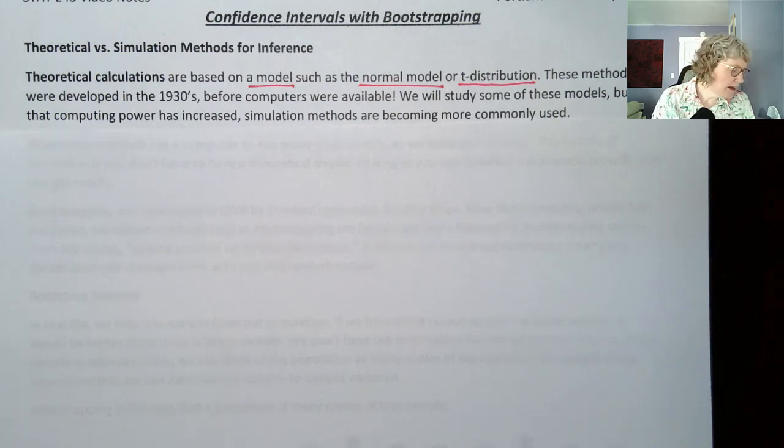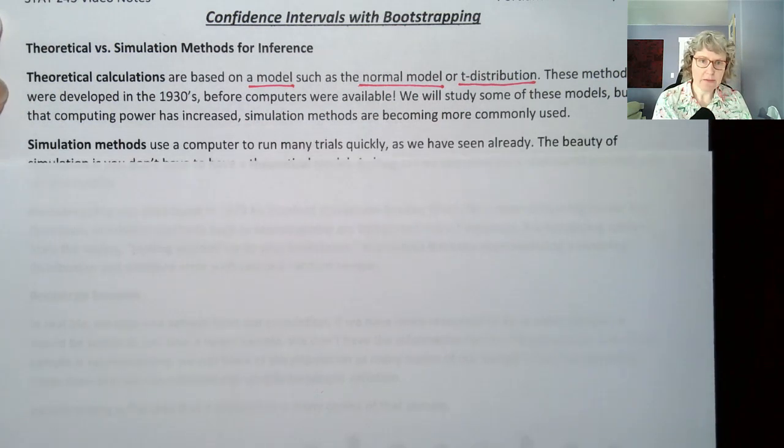Computing power has increased. So simulation methods are now becoming a lot more commonly used. And as you've seen, all the free applets we've been using online, those allow us to do a lot of simulations really quickly. Okay, so that's why we're focusing on simulation in this class. But we will also do some of the theory, okay?